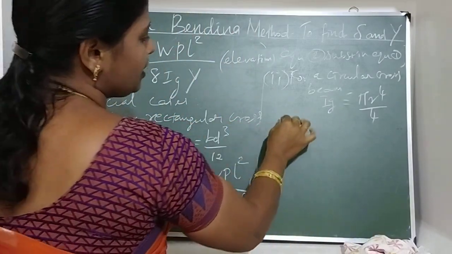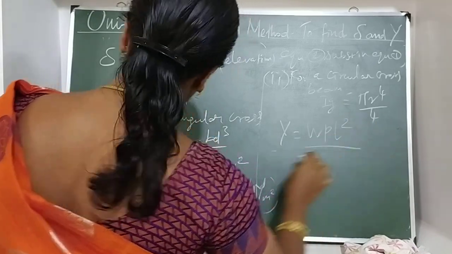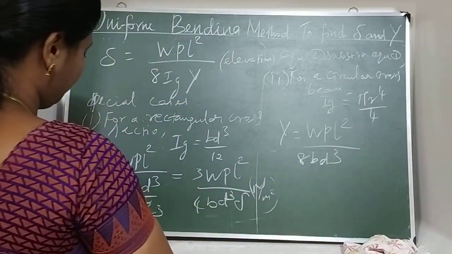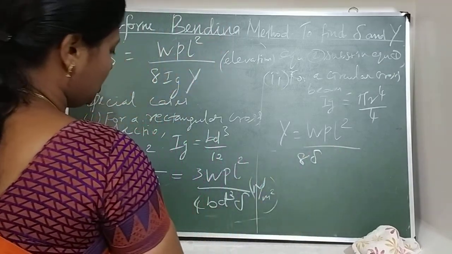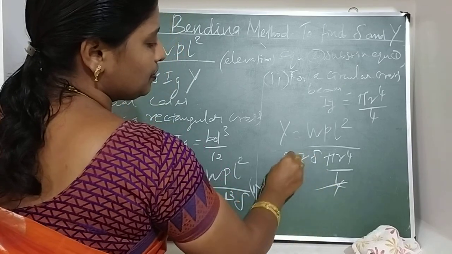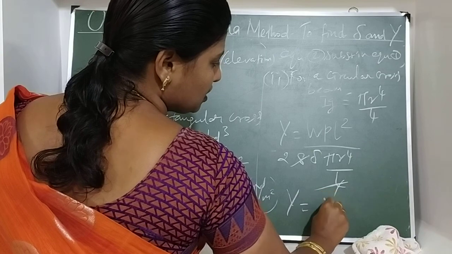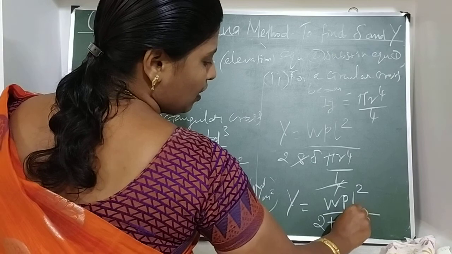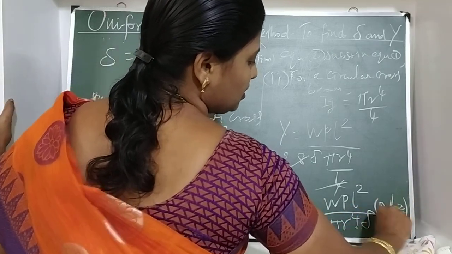Substitute in the Young modulus formula WP L square divided by 8 delta Ig, and simplify this term: Y equals WP L square divided by 2 pi r power 4 into delta, Newton per meter square.